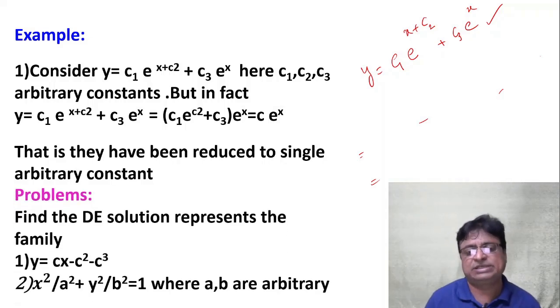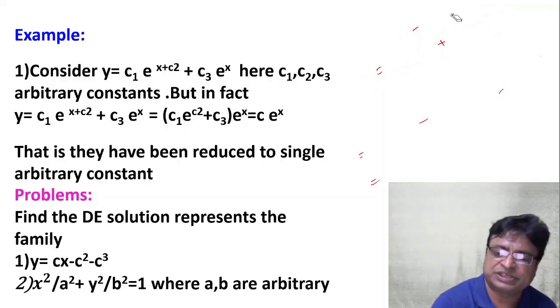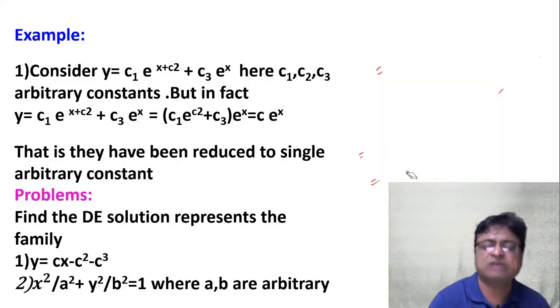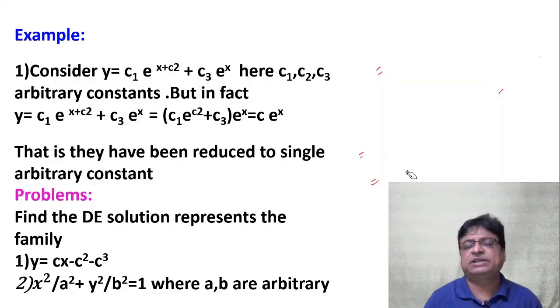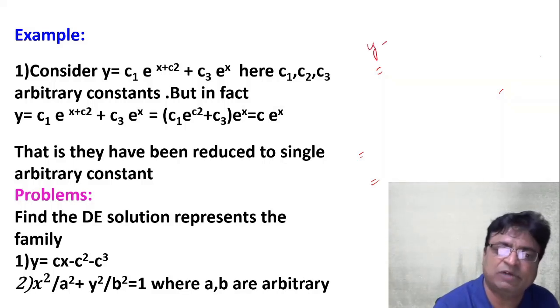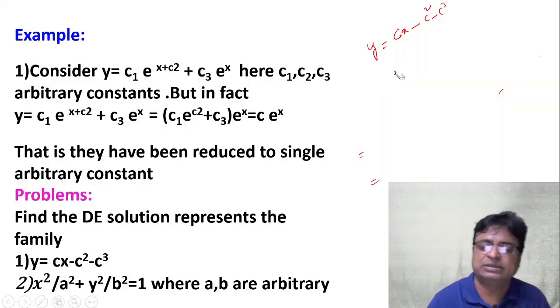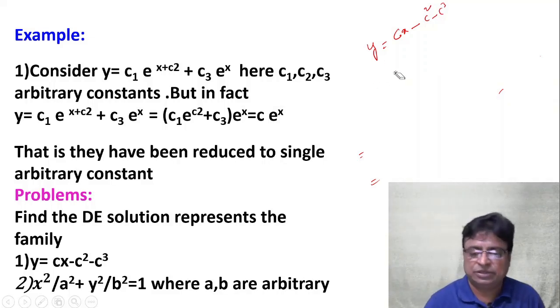Now coming to my friends, these are the problems. Just look into this. They may ask the question like this: find the differential equation whose solution represents the family. First question is y equal to cx minus c square minus c cube. Sometimes they mention in brackets c as the arbitrary constant.